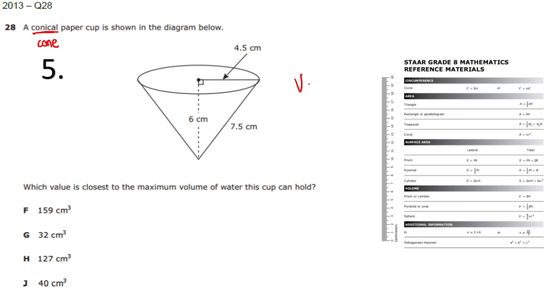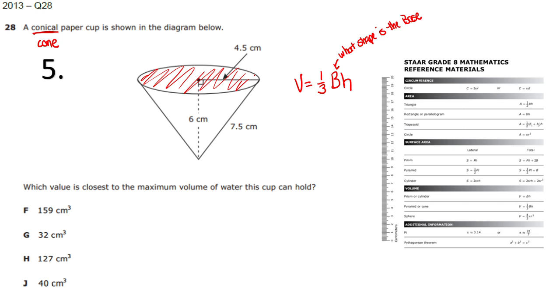Volume is 1/3 base times height. Then we have to remember our first step here: what shape is the base? Our base is whatever it sits on. If we turn it upside down, it could sit on that.